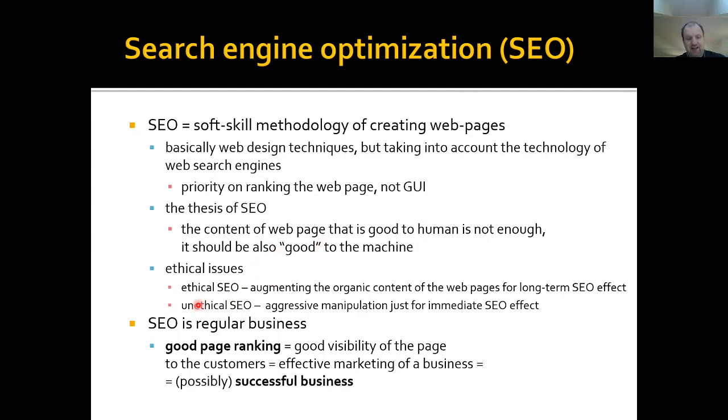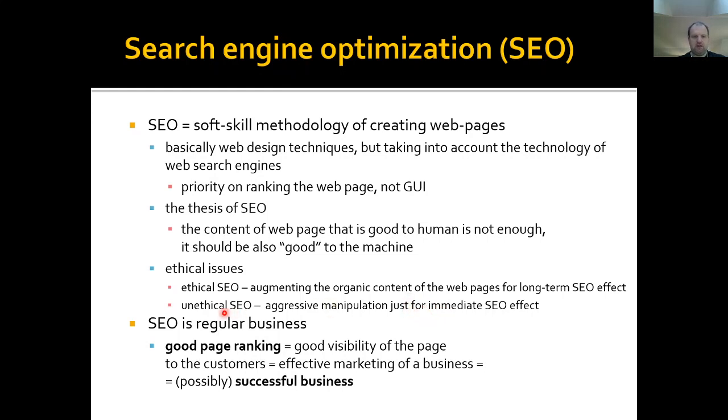And the second is unethical SEO, that's basically the manipulation. So we can insert some content just for manipulation in order to get better ranks by search engines. But this is a really short-term effect, and it is sooner or later discovered by the search engine and penalized.